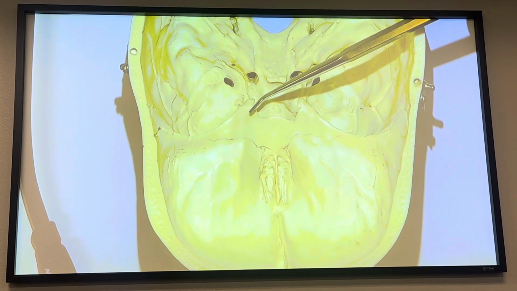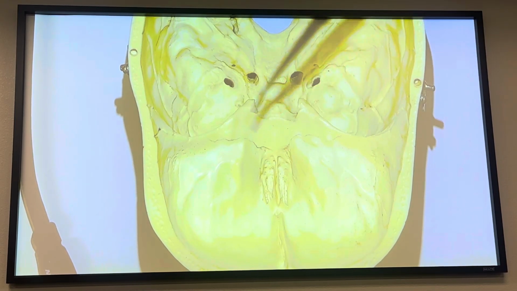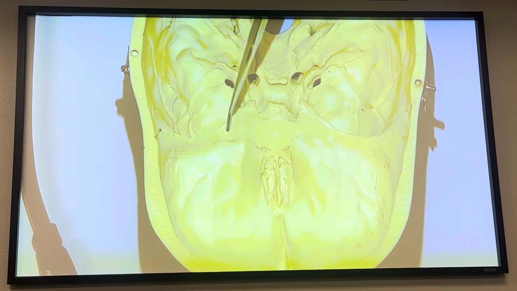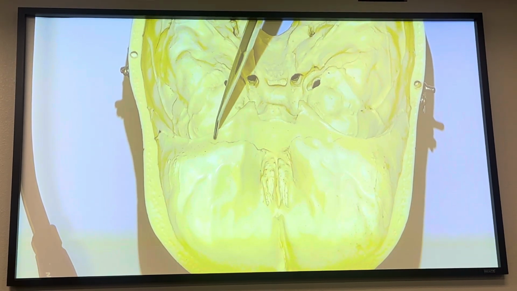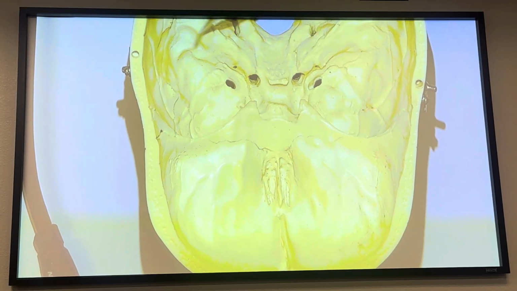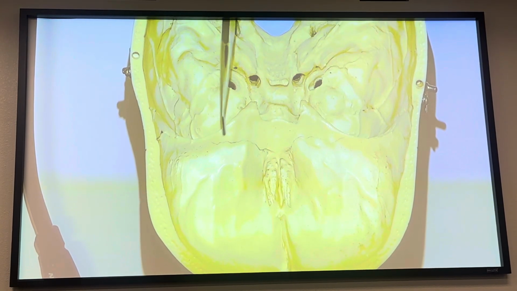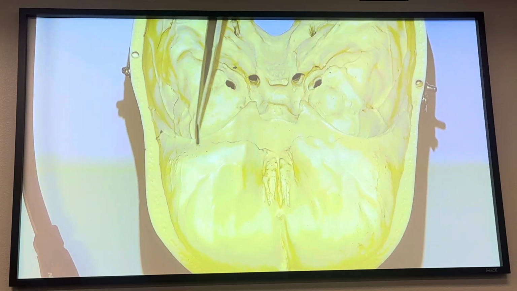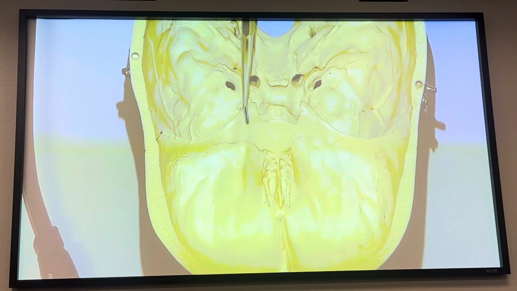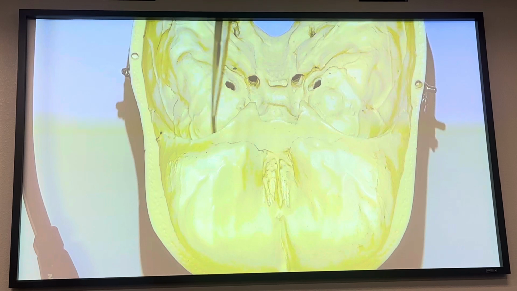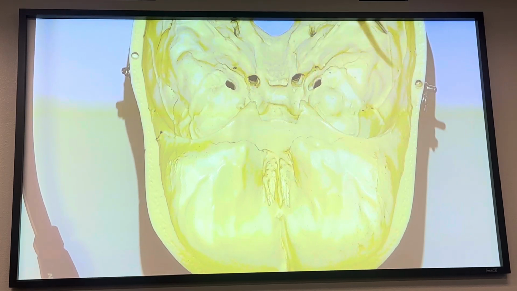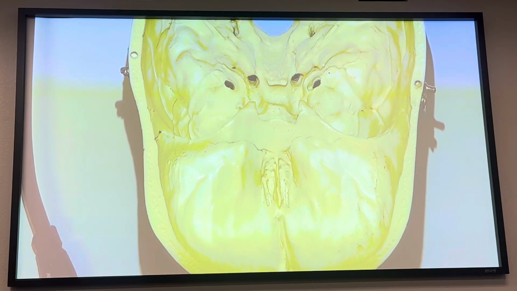When we get to the posterior side of the anterior cranial fossa, we hit the threshold between the anterior cranial fossa and the bilateral middle cranial fossa. So this right here is the lesser wing of the sphenoid bone. The sphenoid bone is that really weird shaped bone. It kind of looks like a Halloween bat.